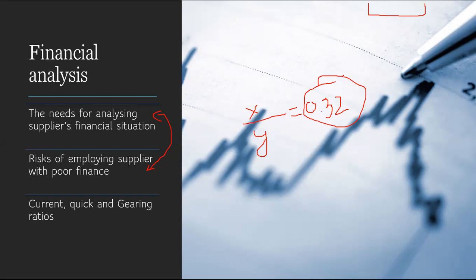But if their prospect is very promising, this current ratio is not a sign of worry. But if the supplier is a long established business, then it is very worrisome. A current ratio of 0.32 is very low, and they may have a risk of liquidation, or they may demand money early.